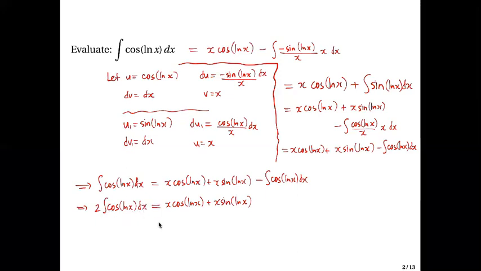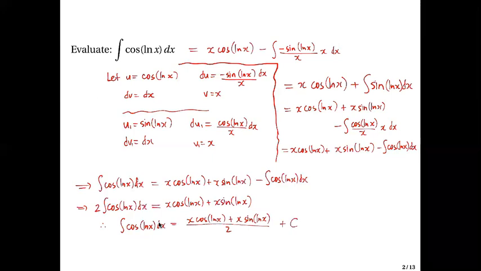And therefore, the integral of cosine of ln of x dx is equal to x cosine ln of x plus x sine ln of x all over 2. And then let's just write that arbitrary constant c.